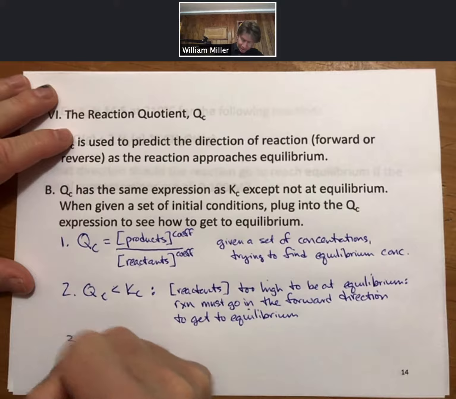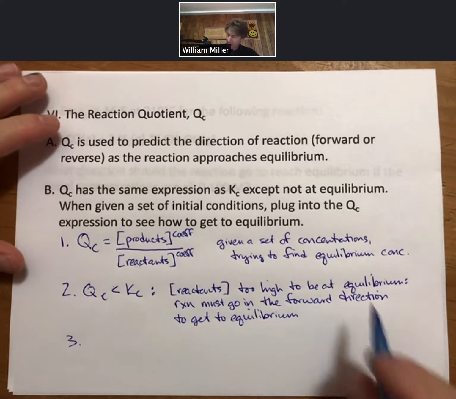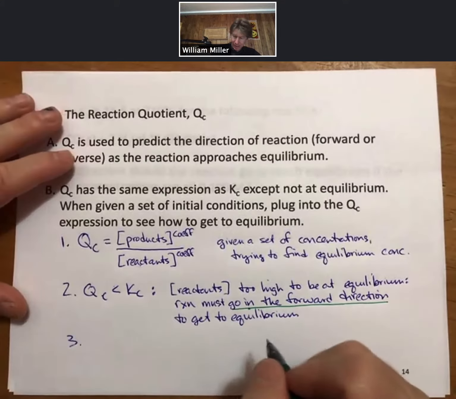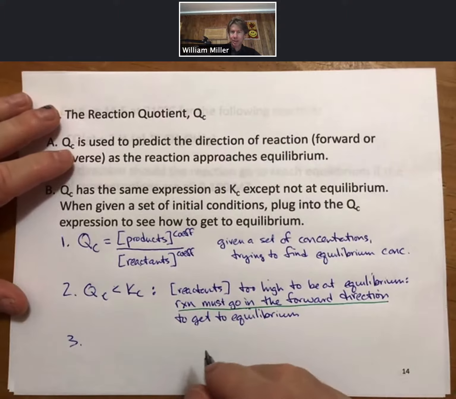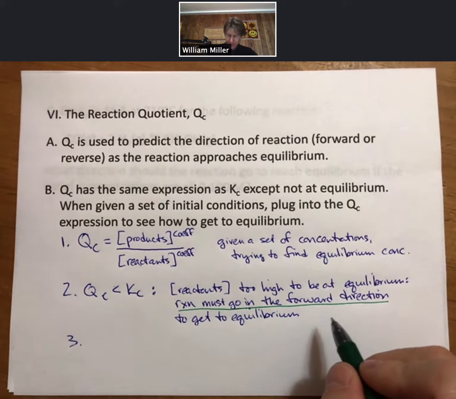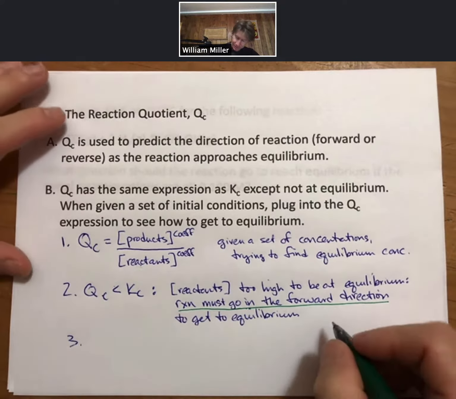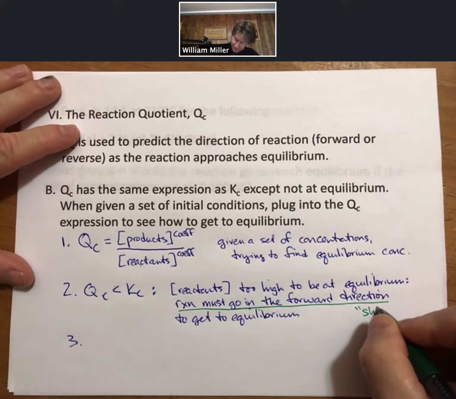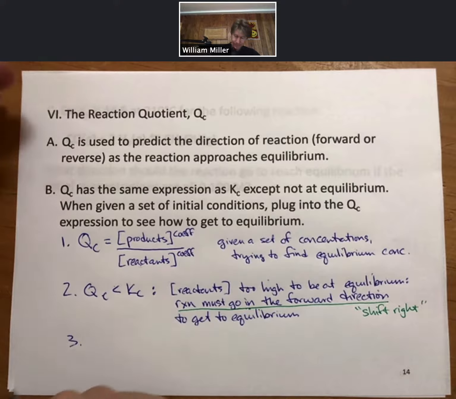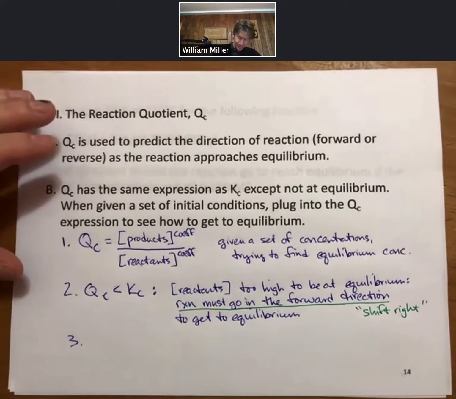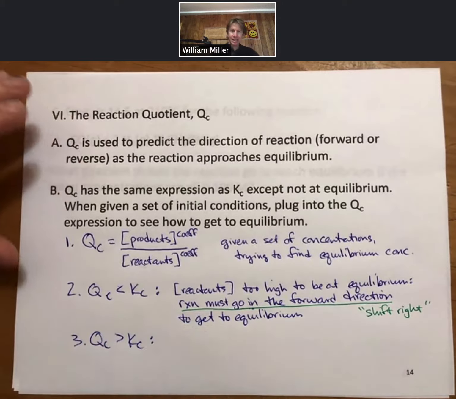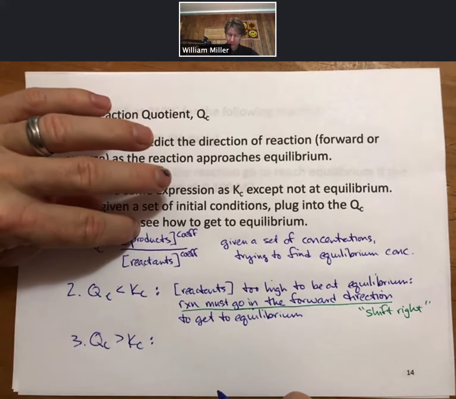Now, when we say do the forward reaction, go in the forward direction, since the forward direction is often to the right, which is where products are, we will oftentimes call this shift right, or shift right to products. That's a common expression. Now, if QC is greater than KC, that means that the product concentrations are too high.